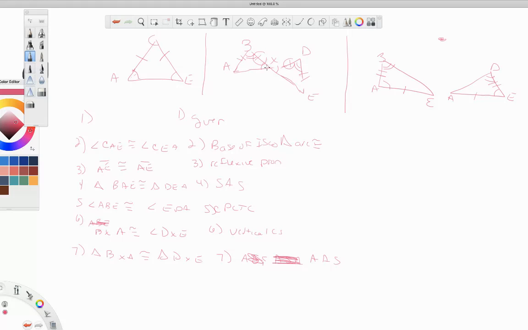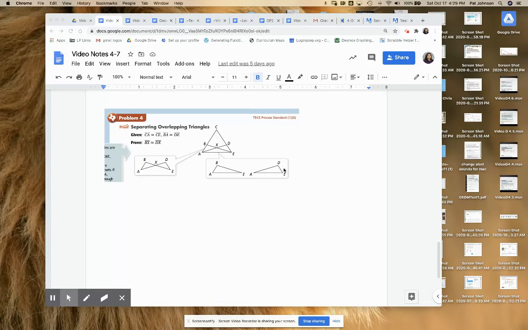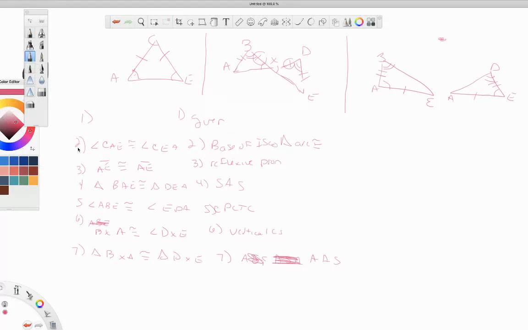I'm trying to prove that BX is congruent to DX, but because of this triangle, DE is congruent to BA, I can mark this triangle over here. So we said that DE is congruent to BA here. Well, I can do the same thing here because they're exactly the same side. So on this triangle, we've got this side congruent to this side, this congruent to this, and then these are congruent because of vertical angles.